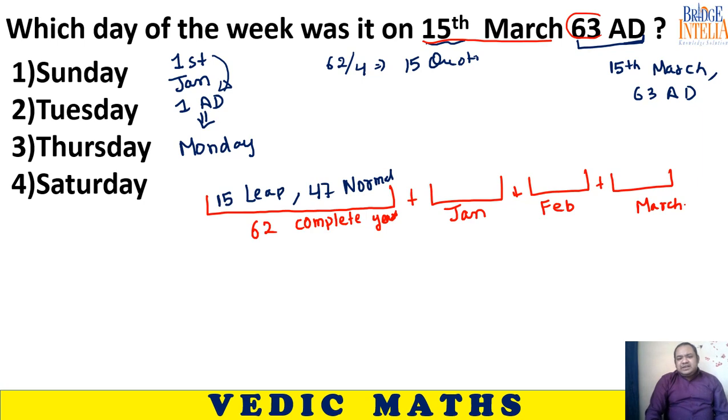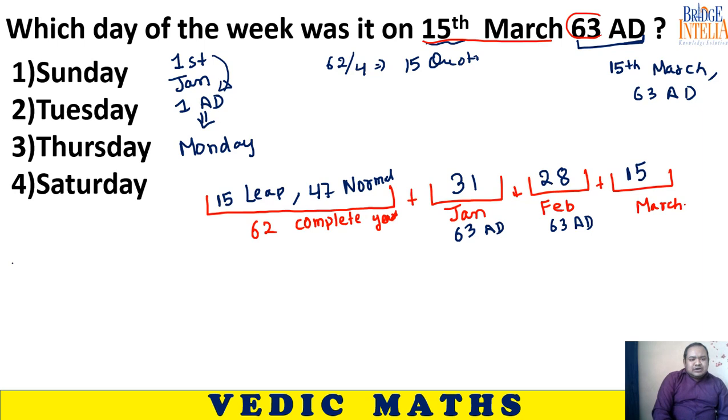Then came January of 63 AD. January has 31 days. Then came February of the same year. 63 AD is a normal year, so February will have only 28 days. And March, you have taken 15 days from March.